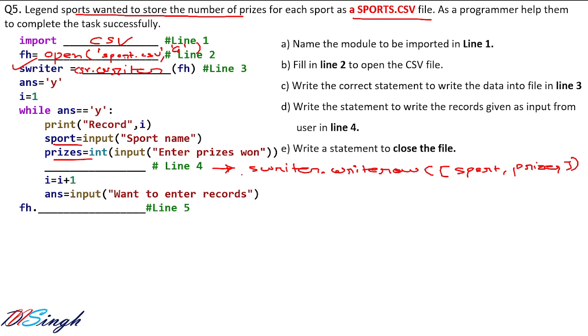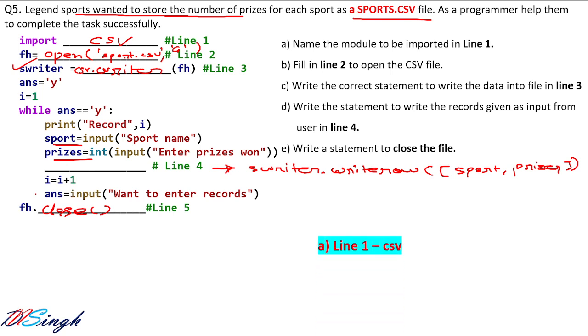So this is the thing that we should write here. And i equal to i plus 1, this is the counter we are maintaining. If you want to enter more records, the same thing will happen again. At last, when our job is done, we are going to close this file handle. So we are using the function called close.